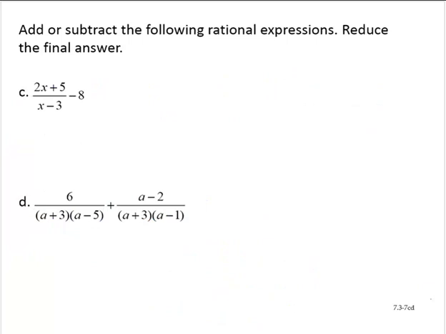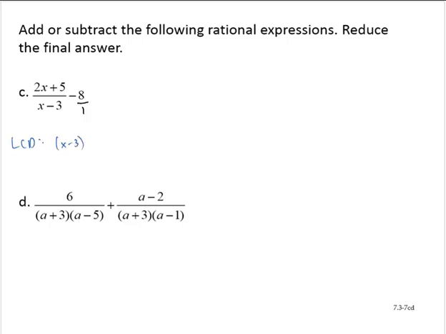Exercise C, we have 2x plus 5 over x minus 3 subtract 8. Well, that 8 is really an 8 over 1. So for my LCD, I really only have one unique factor in the denominator, and that's just the x minus 3.